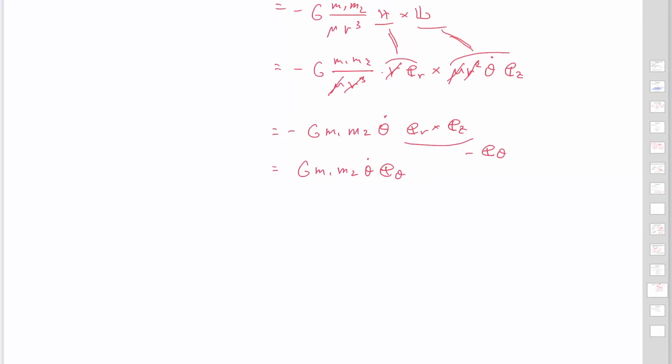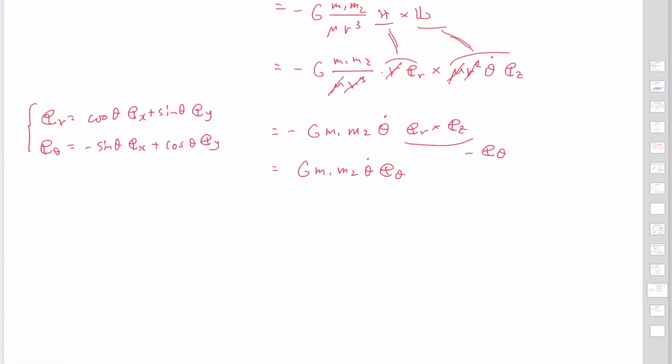And the e sub r, if you remember, is expressed as cosine theta e sub x plus sine theta e sub y, and e sub theta is expressed as minus sine theta e sub x plus cosine theta e sub y.